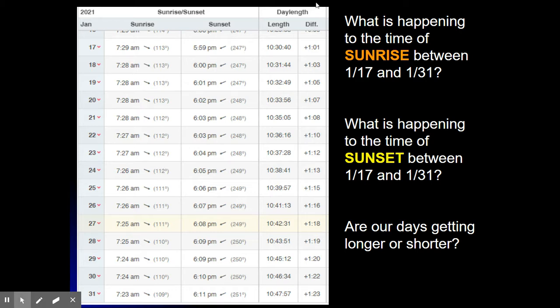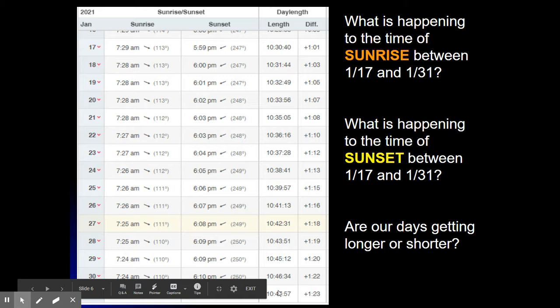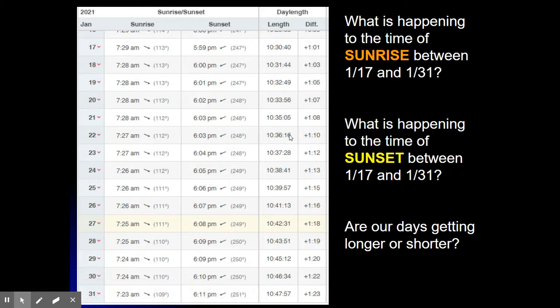If you look over here at the length of the day, going all the way back to January 17th, the length of the day was 10 hours, 30 minutes, 41 seconds. The length of the day on the last day of January is 10 hours, 47 minutes, and 57 seconds. So in a span of 14 days, our day has gotten longer by 17 minutes. Now, we don't notice this on a day-to-day basis.